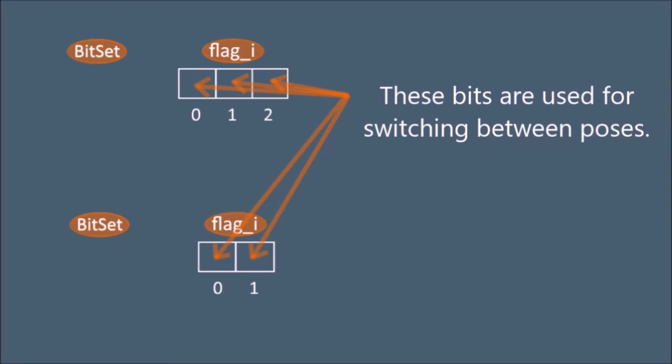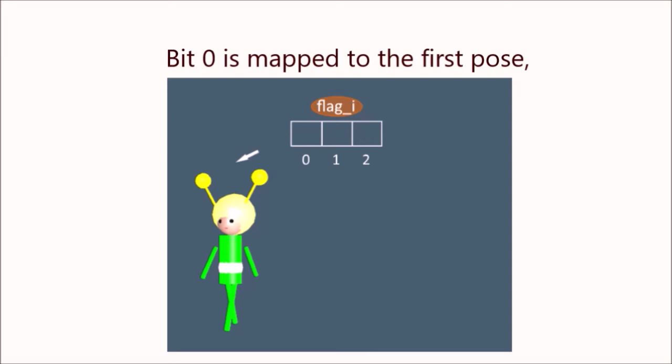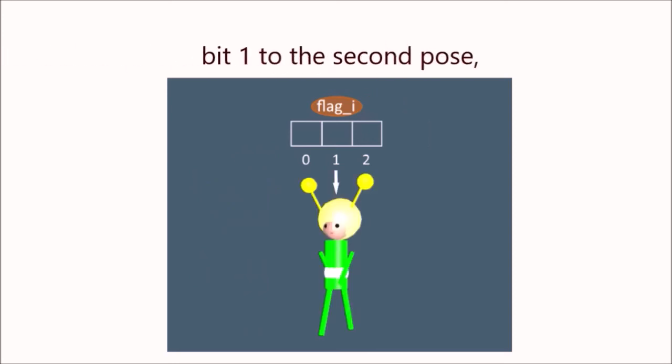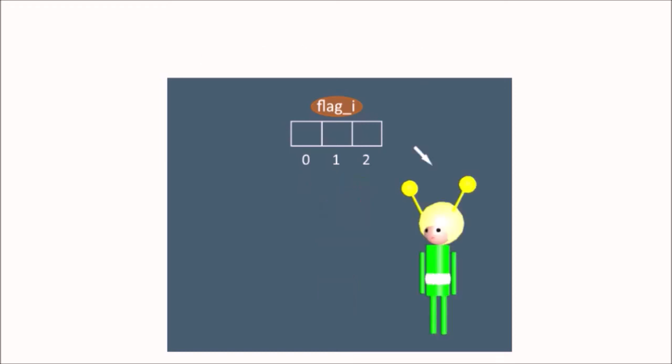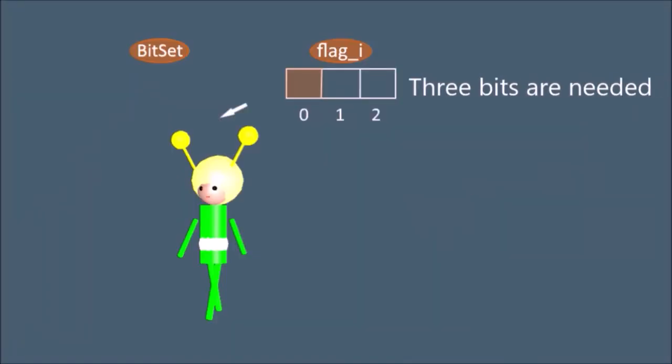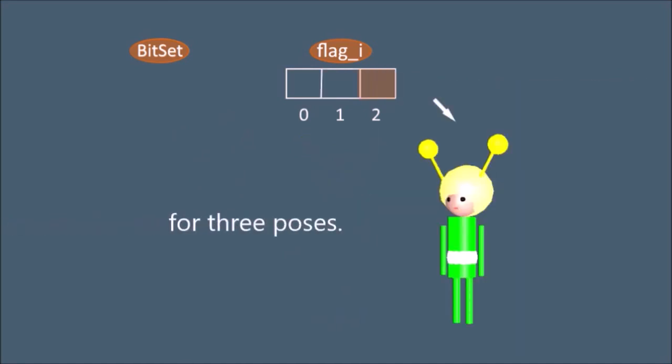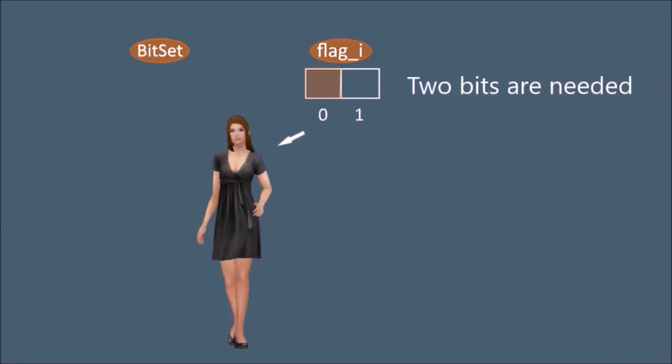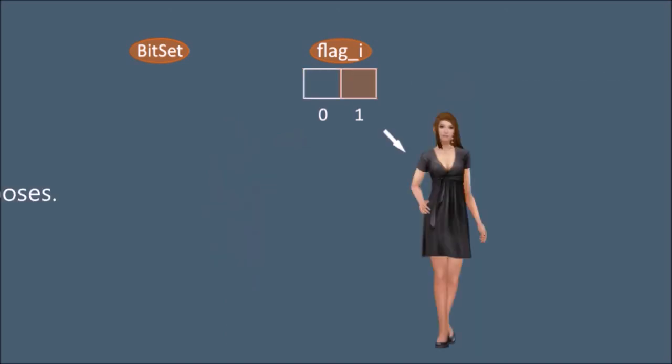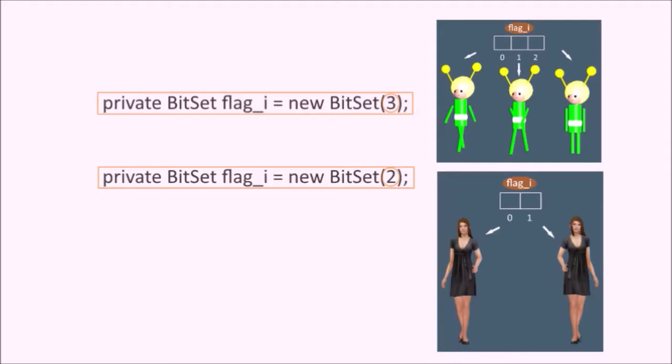These bits are used for switching between poses. Bit 0 is mapped to the first pose, bit 1 to the second pose, and so on. 3 bits are needed for 3 poses, 2 bits are needed for 2 poses.